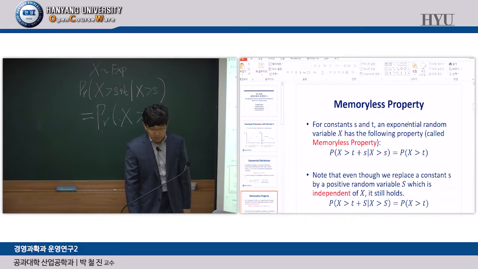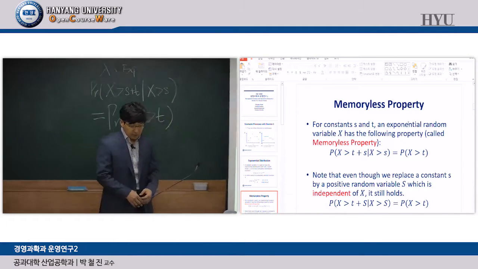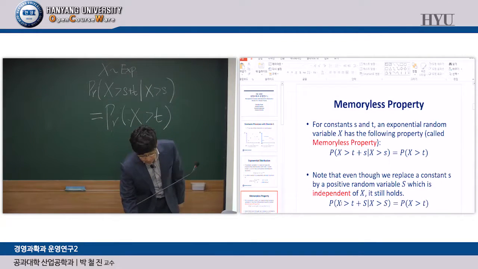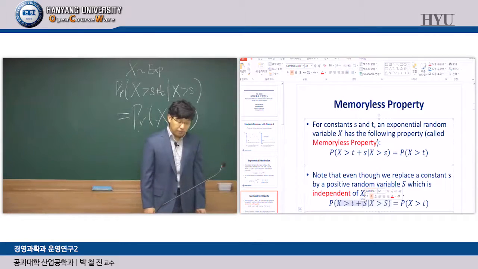And there is another version of the memoryless property, which is very important. If large S is independent of large X, given that large X is greater than large S, what is the probability that large X is greater than small t plus large S? So we replace small s by large S, which is a random variable.